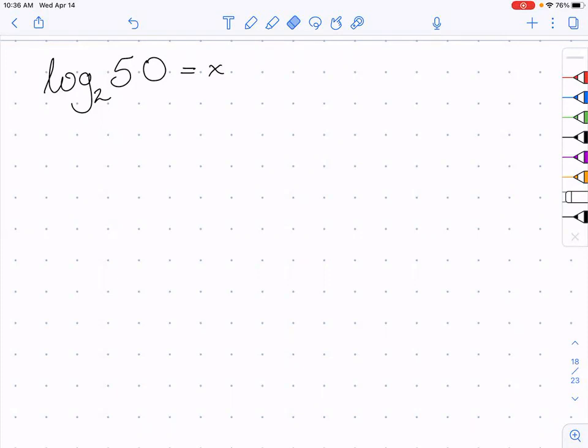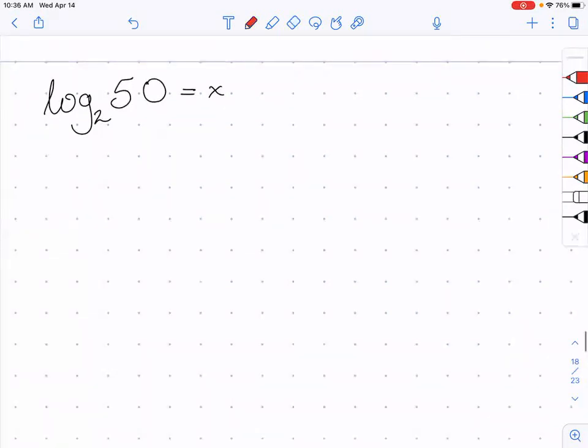The first thing we want to do is think about this as an exponential equation instead of logarithmic. So how would we write this in its exponential form? What's the base? To the power equals 50. So that's how we're thinking about it to try to estimate what that log would be. What I want you to do is solve this for X, and we're going to do that using logarithms.